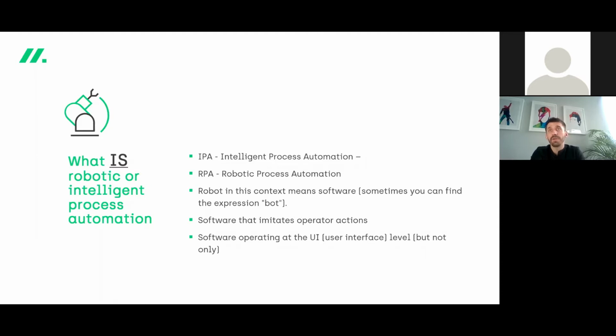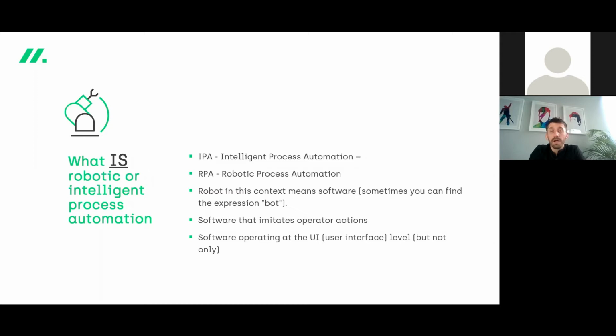With cognitive features, we mean, for example, intelligent OCR, which is intelligent optical character recognition software, and those more intelligent robots are capable of making some more complex decisions using more complex algorithms or even artificial intelligence algorithms or machine learning algorithms.